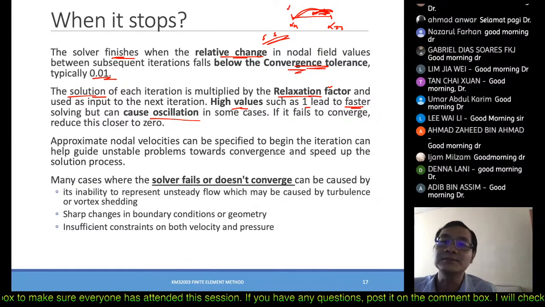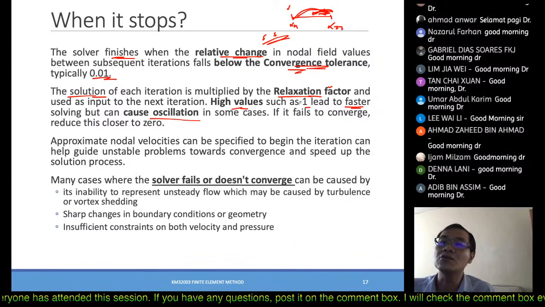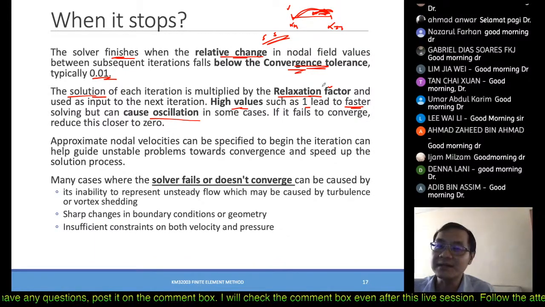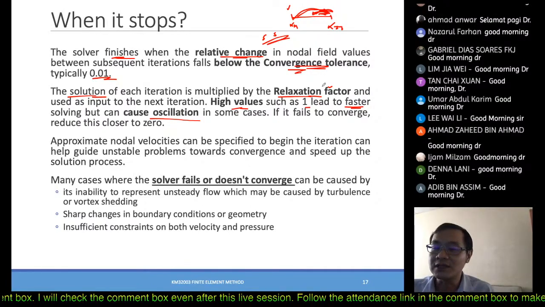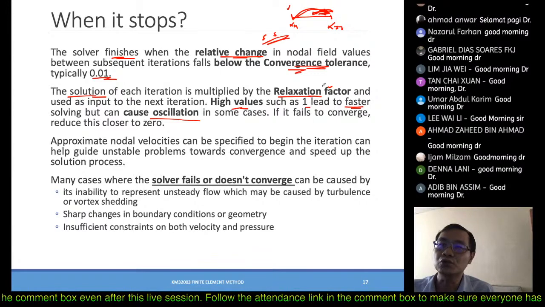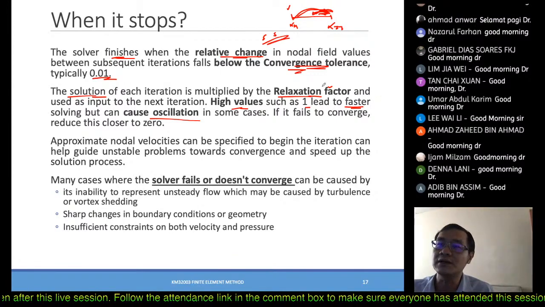So it depends on how you run it. That's why a preliminary test is very important. You just run once, and if it doesn't work, you have to tune it accordingly.